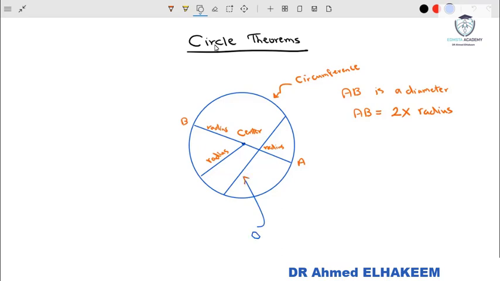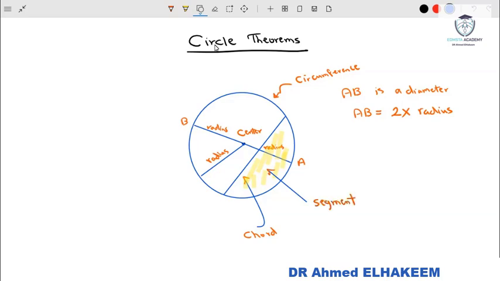Very good. Okay, and this area now is called what? And this is something maybe new for you. We will call this area segment.